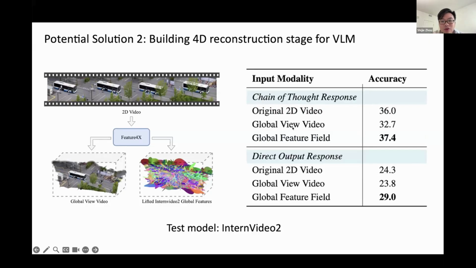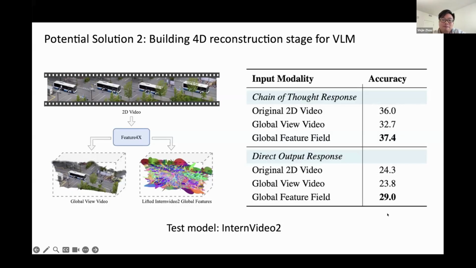And if we input the left hand side one, the global view input, you can imagine that you have a God view of the whole thing, and you can see everything at once at any time step, it even decreased. But if you use the global feature field and infer from this reconstructed 4D feature space, it improves a little bit. And for the direct output response, it also improved.